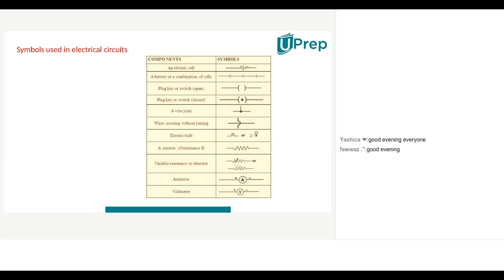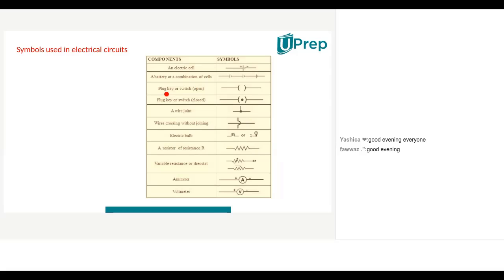And as you can see on the screen, I have shared a table where you are seeing components and their respective symbols. This is a quick revision of session 2, which we had last week. So the first concept we have learned is components and their respective symbols.